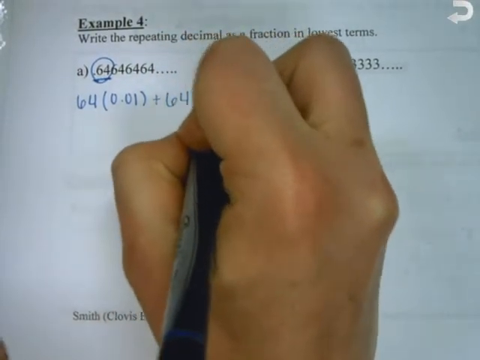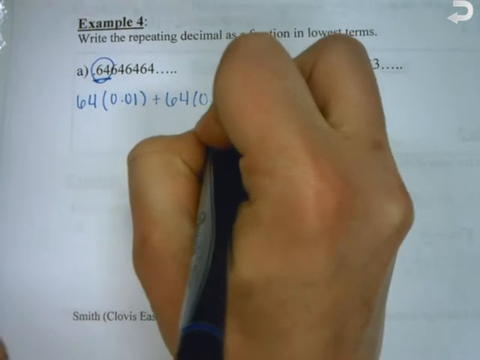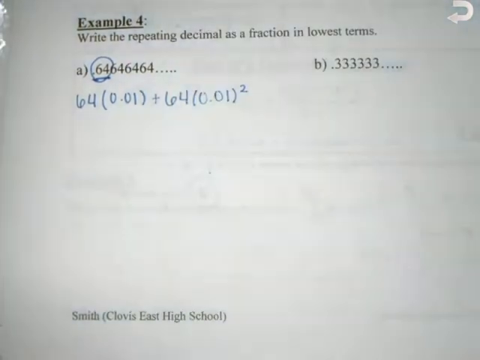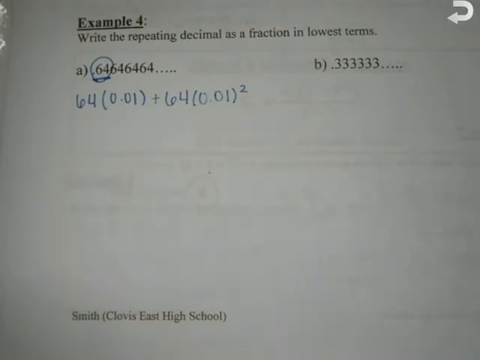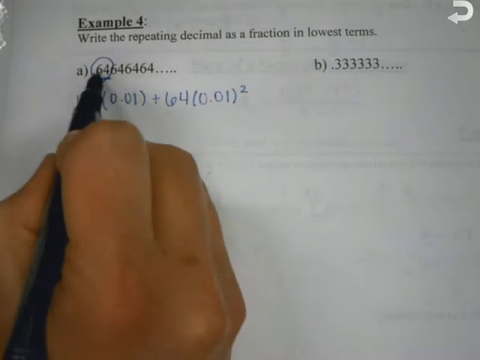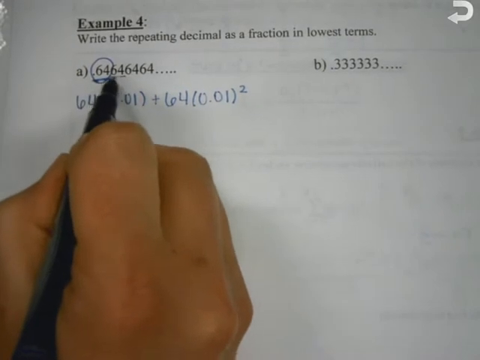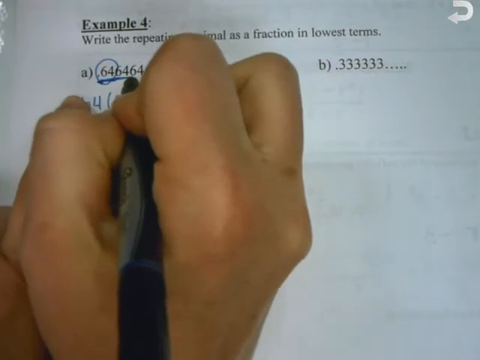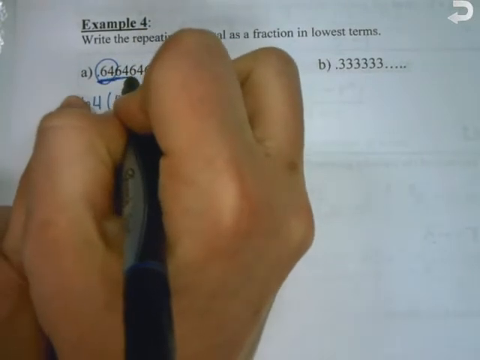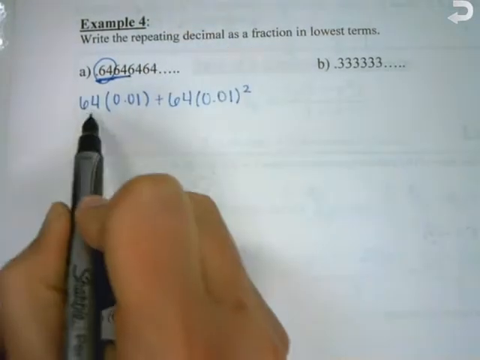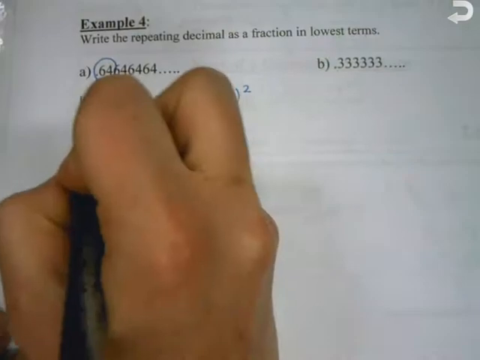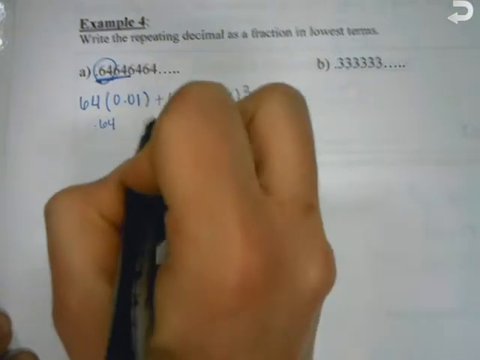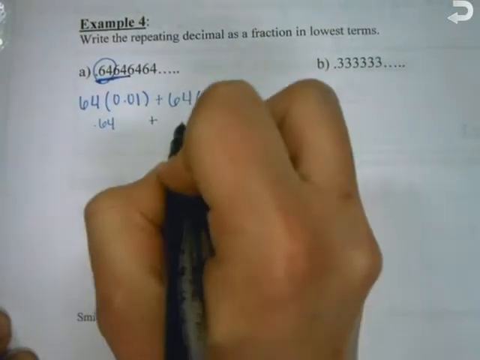That would give me 0.0064, this part. So if I add this part and this part together, I get this thing. Do you guys see what I'm saying? This right here is 0.64. This right here is 0.0064. So does adding this and this together give me this part right here?